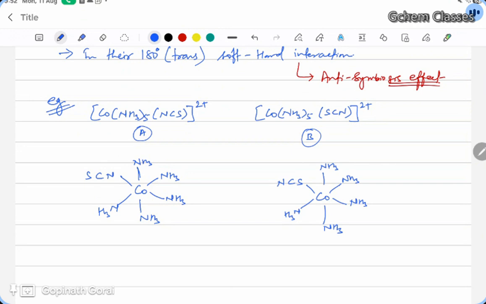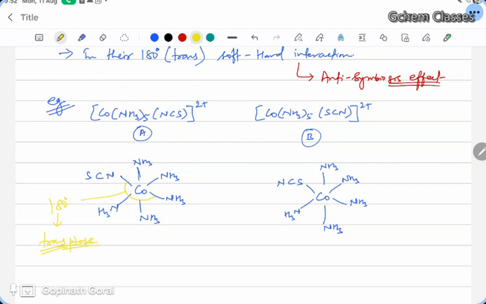As I told you, the 180-degree position: these two are at the 180-degree position, right? On this side it is connecting with nitrogen, and this side also it is connecting with nitrogen. If I take another color, you can see it has a 180-degree angle. So 180-degree means the trans phase. I'm not saying that this is a trans isomer.